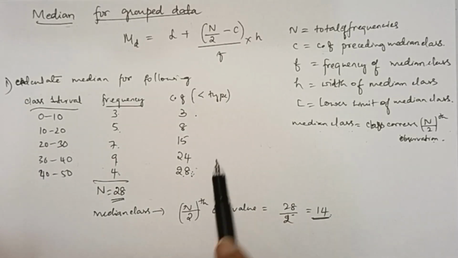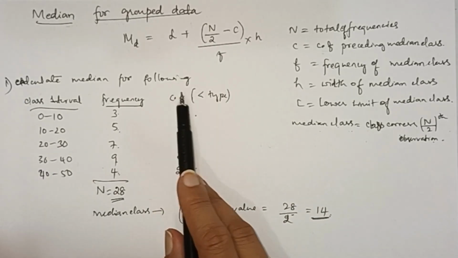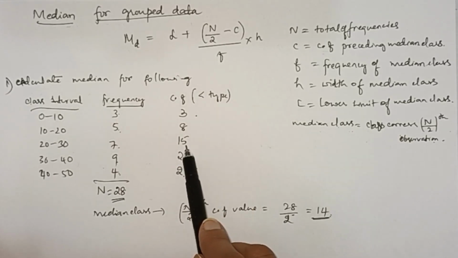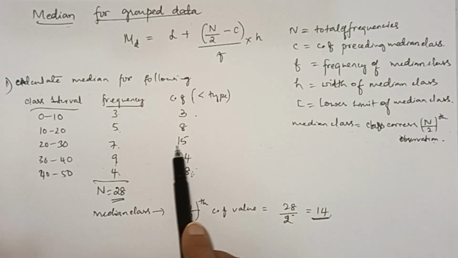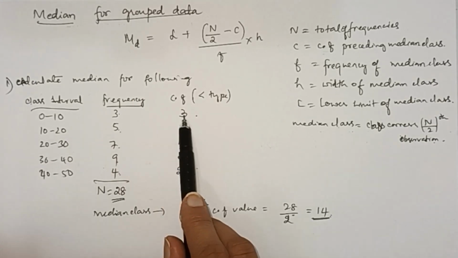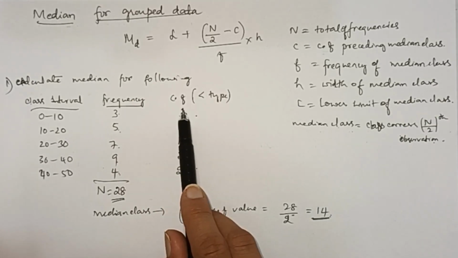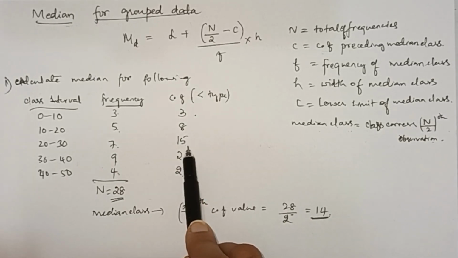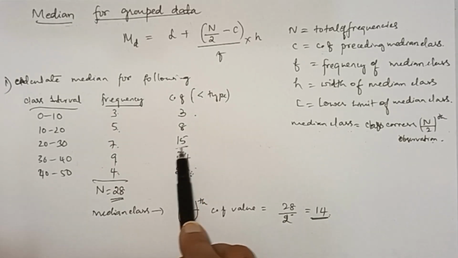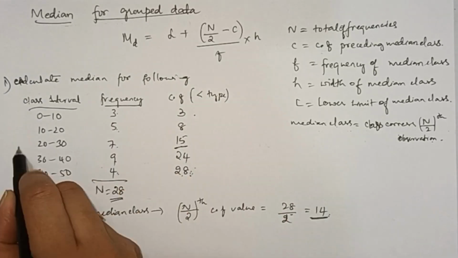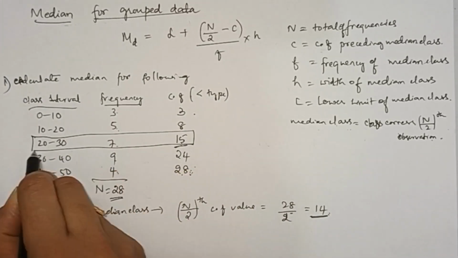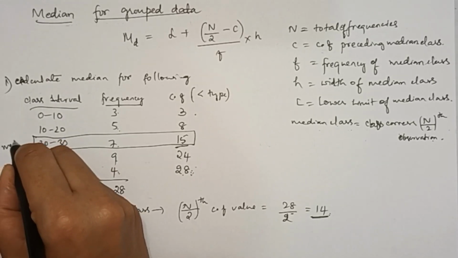There is no 14 in the cumulative frequency column, but from 8 to 15 it comes under this. So up to 3 it is in this first value, next up to 8, then up to 15, so 14 is included within this. Hence the class interval corresponding to this cumulative frequency is called the median class.